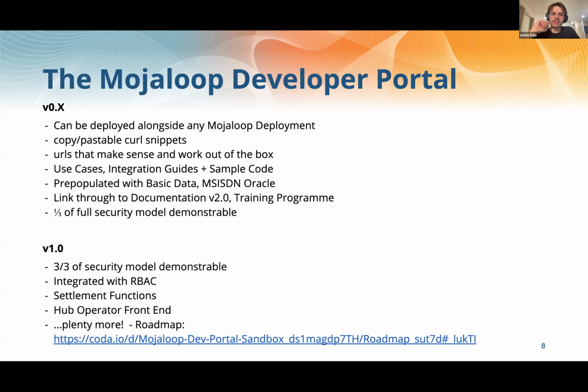You can get some sensible example data, and you can copy and paste it into your command line, or code it into your demo that you're building, and it just works. It has use cases, integration guides, and sample code. So that kind of ties into URLs that work out of the box and these copy pastable code snippets.